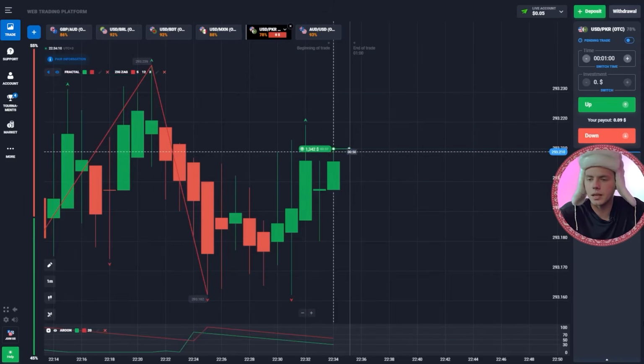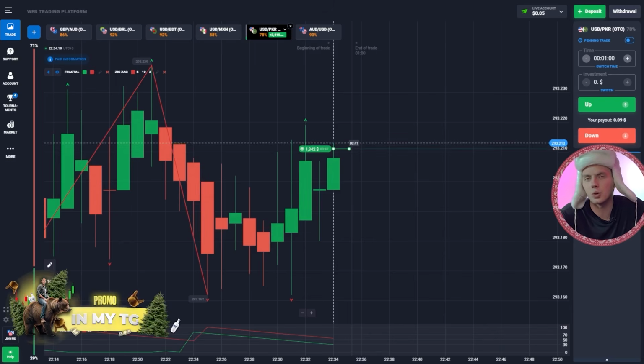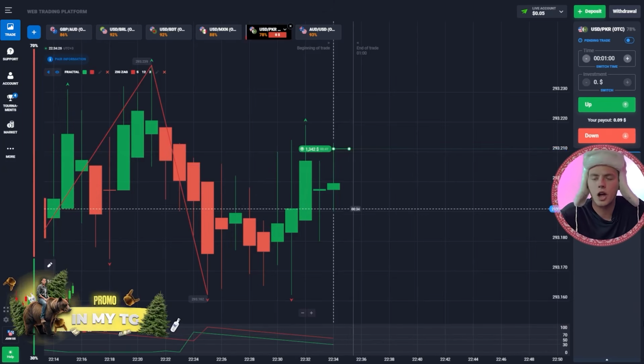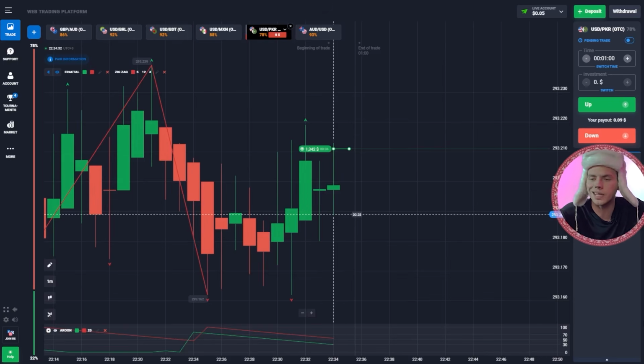Well, yeah, if you take a look at the Aroon indicator, you may say that it's nothing special, but this is not the only thing you should look at. If you take a look at the fractals as well, you will see that the change of the trend has already started. We are already in a rebound right now.